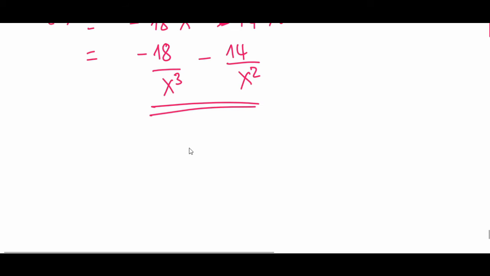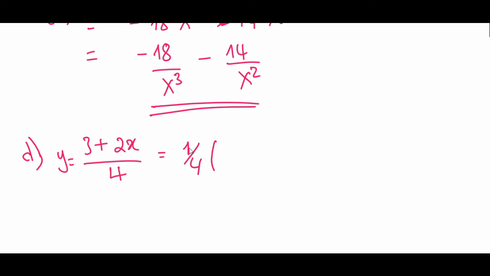Okay, now we have equation d, and for equation d we have 3 plus 2x divided by 4. So y is equal to that. First of all, I can factor out the 4 outside, so I will have 1 over 4 times 3 plus 2x.